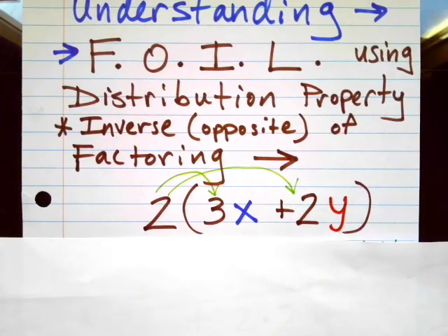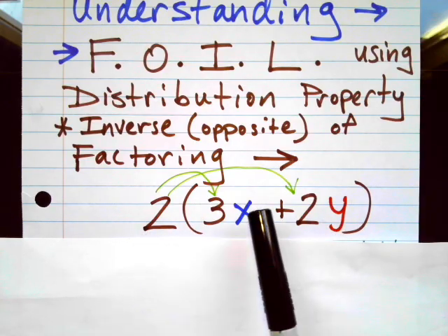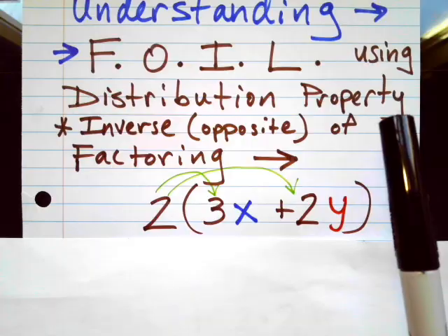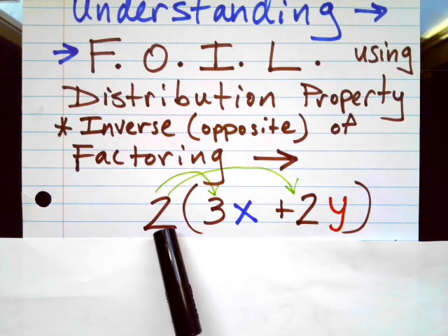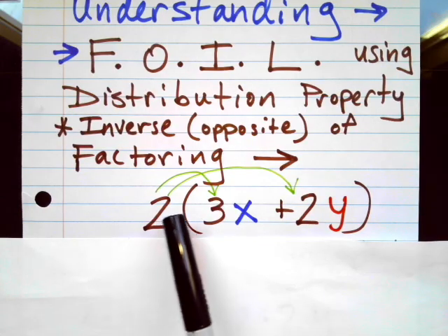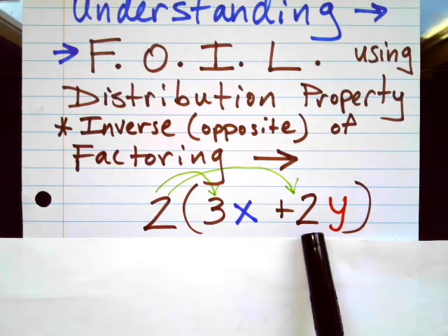So getting back to FOIL, this right here is not an example of FOIL. This is an example of distribution property, where you're going to take one term outside the parentheses, the 2, and multiply it times each of the terms inside the parentheses.